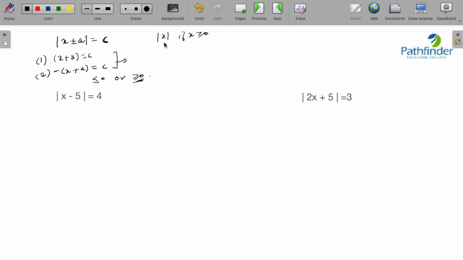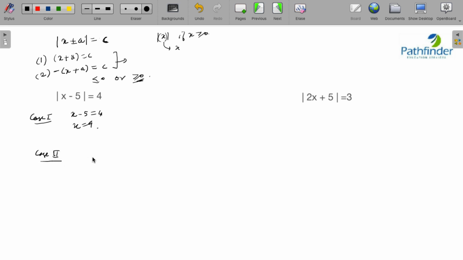You can remove this mod bracket and write simply whatever is inside. Like case 1, I remove this mod and I'll write simply x minus 5 is equal to 4. So x is equal to 9. So this is the first case.